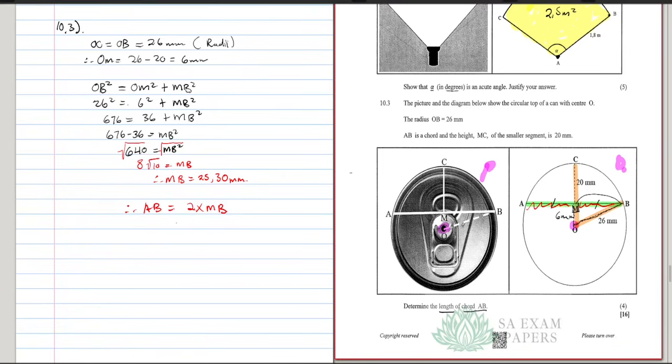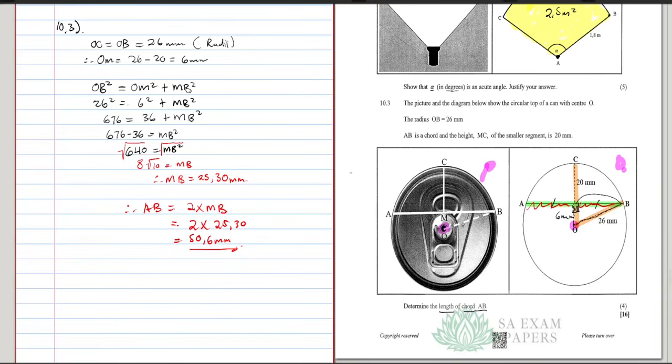So 2 times 25.30. The answer is 50.6 millimeters, like this. Are there any questions?